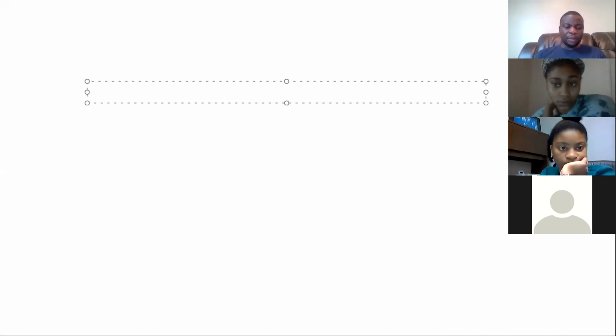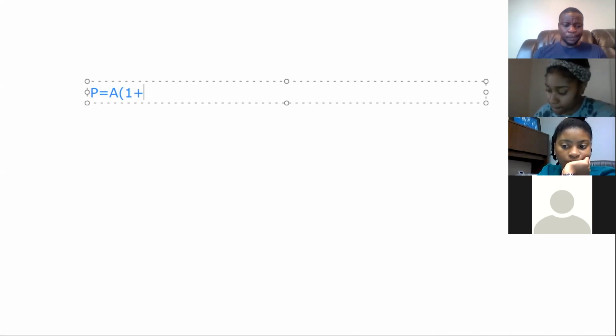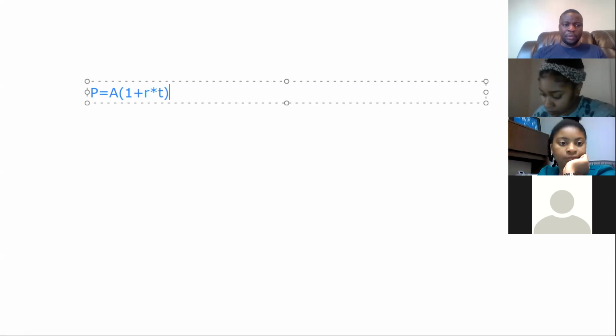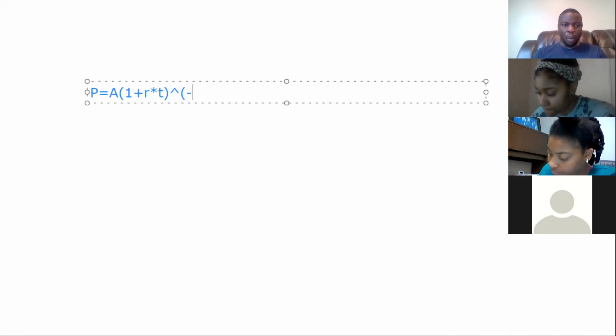Actually, we're solving for P. So P equals the future value A, open parentheses, and then you type 1 plus R times T, close parentheses, and you raise to an exponent using this symbol here. And then you open the parentheses and you put a -1 and you close parentheses.